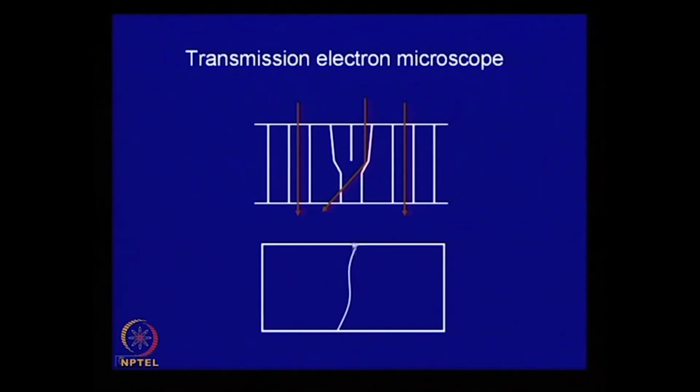I do not think that we can cover this in further detail, which is not within the scope of this particular course, but you can refer to any standard text on transmission electron microscopy and electron diffraction, which will give you methods of direct observation of dislocations in crystalline solids and determination of the orientation of the foil plane, the direction in which the dislocation is lying, and its Burgers vector.